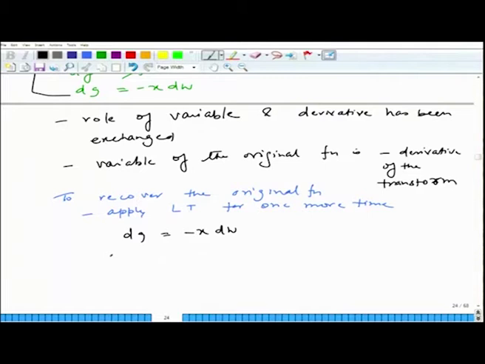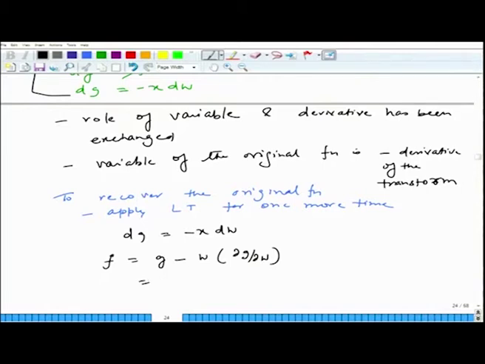So, we are going to get a function, let us say this is again f, the original function, which can be written as g minus the variable w times the derivative of g, that is del g by del w.